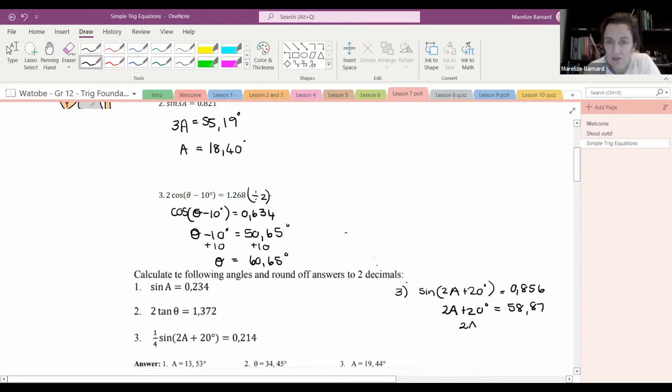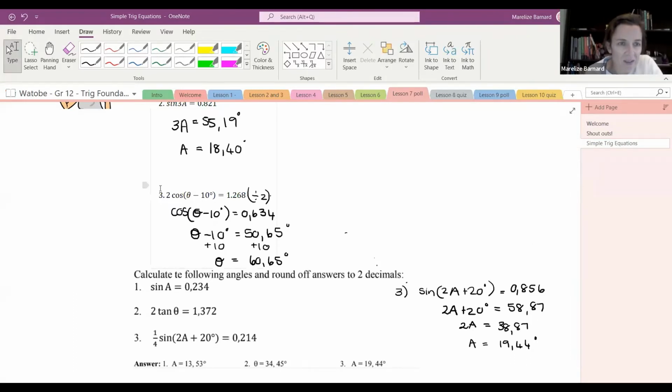So 58.87 minus 20 gives me 38.87 for 2a. And if 2a is 38.87, we divide by 2 to get a by itself. So our final answer is 19.44 degrees.